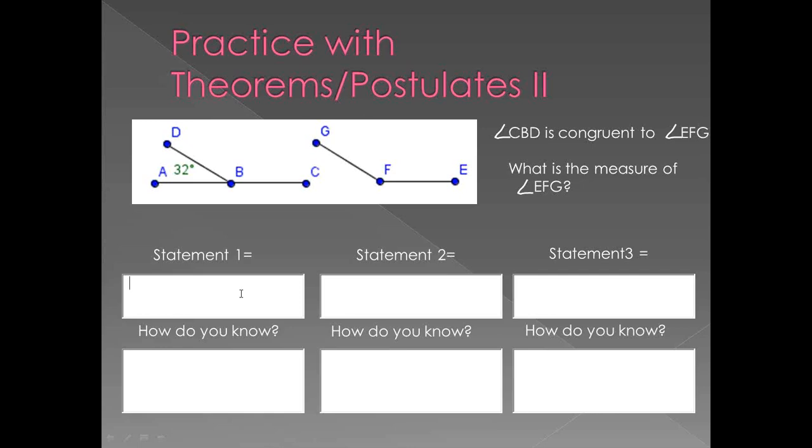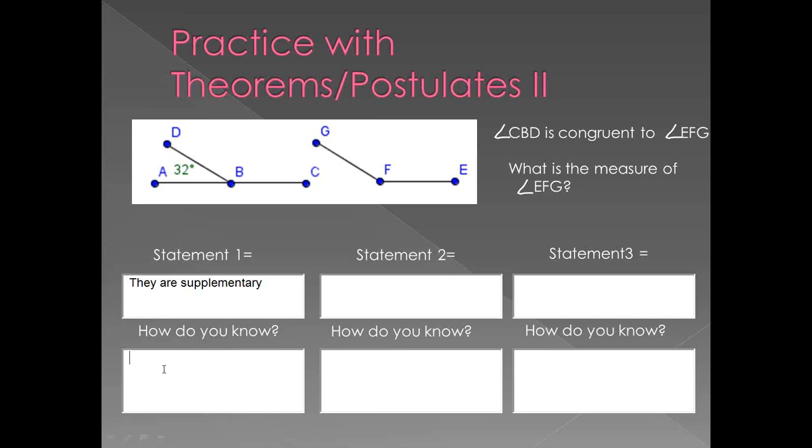They're a special kind of adjacent angle. Good. A lot of you are saying adjacent, but when we have adjacent angles on a line, good, they're supplementary. How do we know?